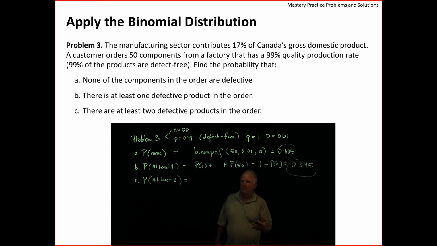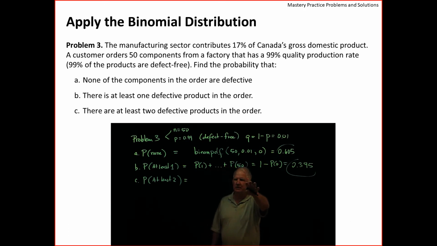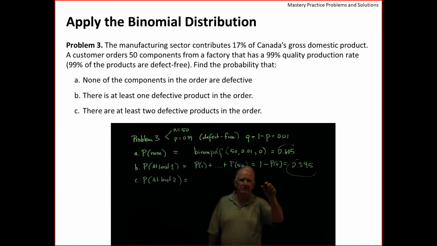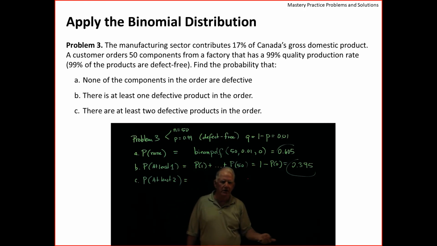So on to part C. Part C says find the probability of at least 2. Well, the probability of at least 2 is P2 plus dot dot dot P50 again. So let's always think in terms of complements. In this case, the complement of at least 2 is 0 or 1. P of 0 plus P of 1.